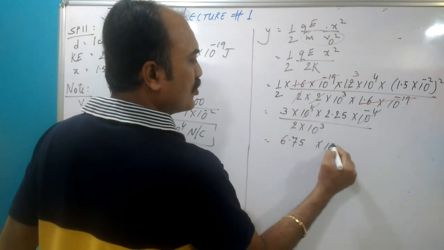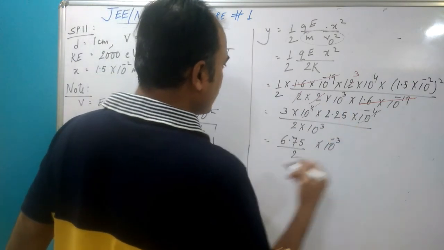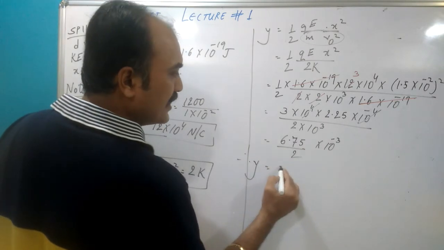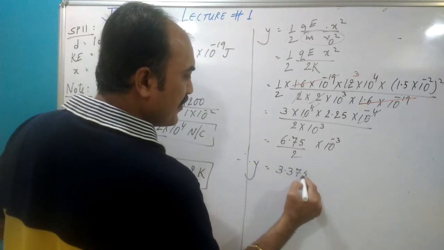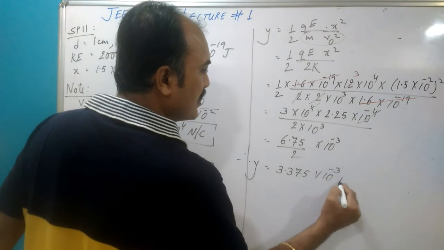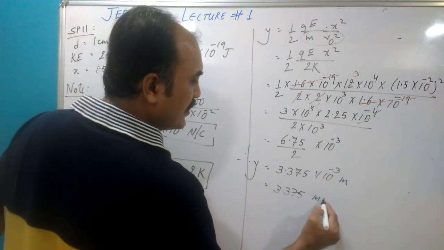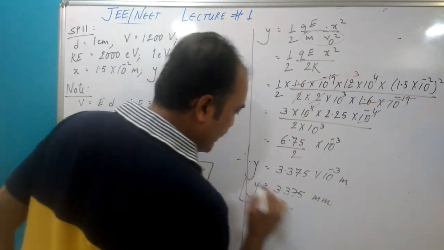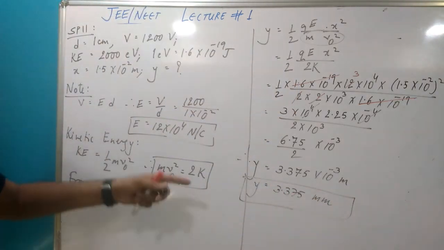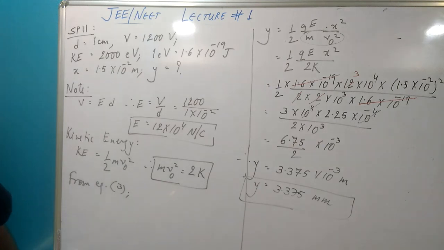This 10 raised to 3 goes up, never comes down. So Y is 3.375 into 10 raised to minus 3 meter, or you can call it 3.375 millimeter.